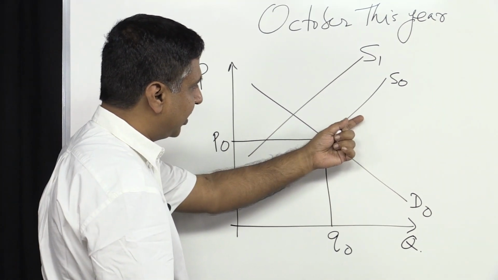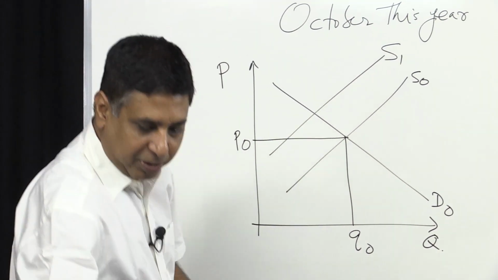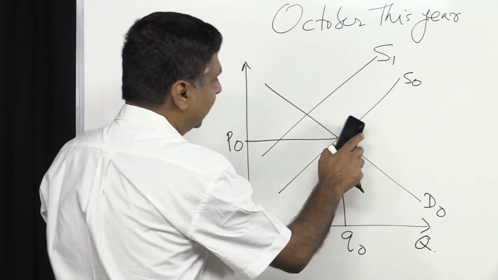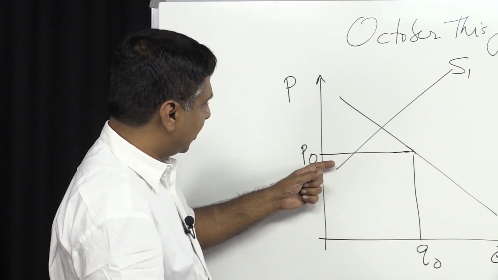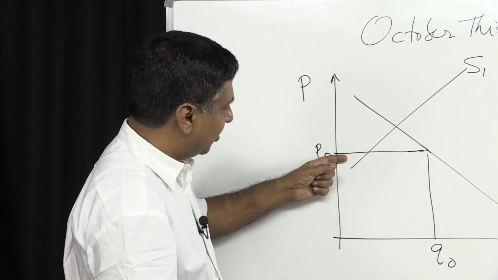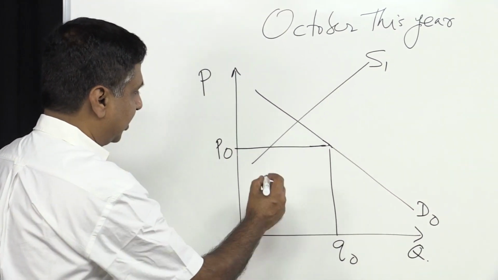The supply curve has shifted from S0 to S1. So actually, the old supply curve is no longer valid.